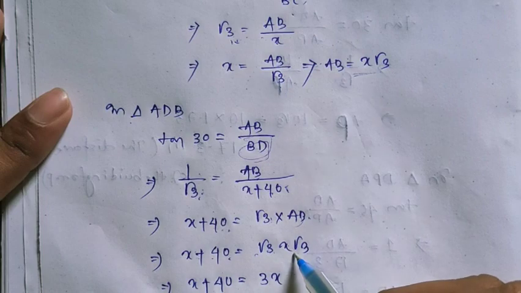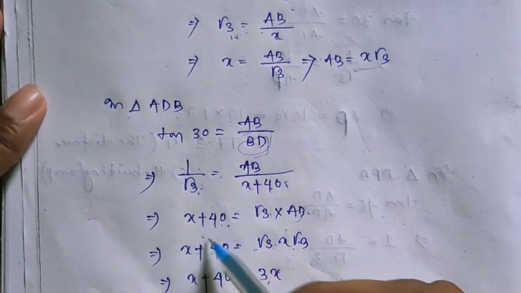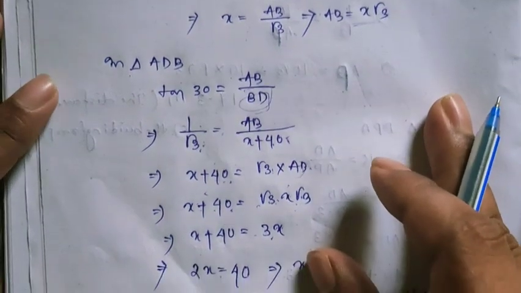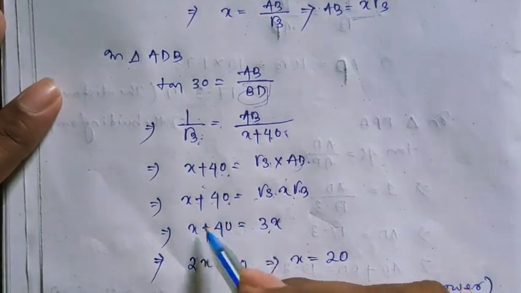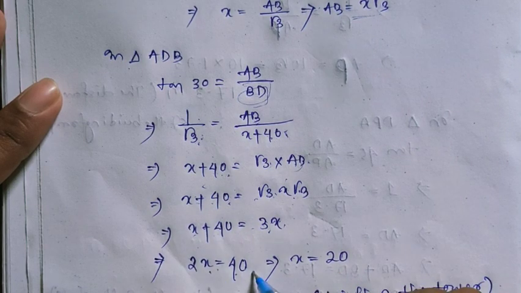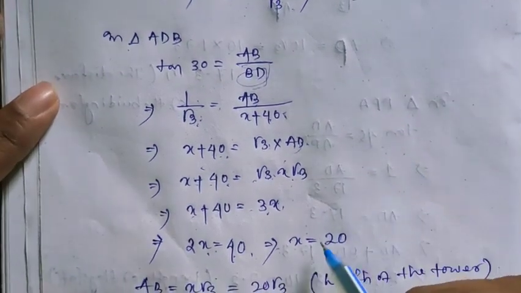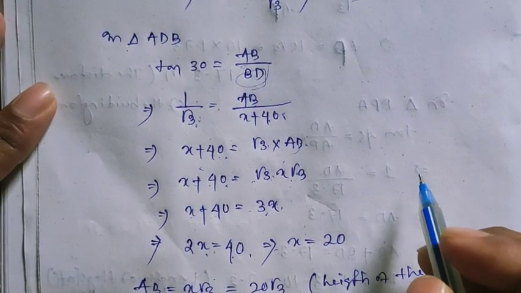So I am putting this over here. Root 3 into root 3 will be 3, and x will be x. So x plus 40 is equal to 3x. From there, 40 is equal to 3x minus x, that is 2x is equal to 40, x is equal to 20. So we have found BC is equal to 20, right?